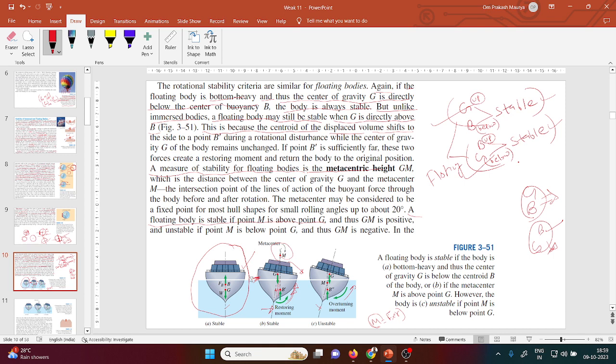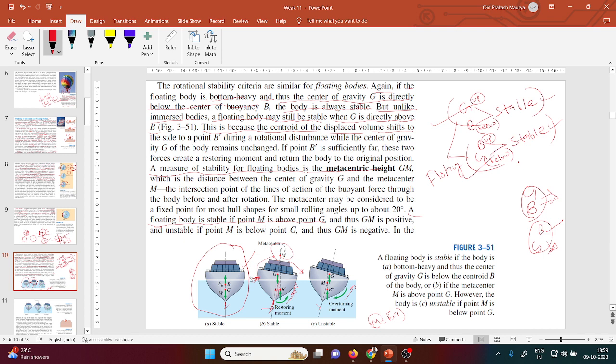From this line, if your center of buoyancy is deflected, as in the second case, then your body will rotate like that. This line is always straight. It passes from this location, and in the second case, it also passes from this location.